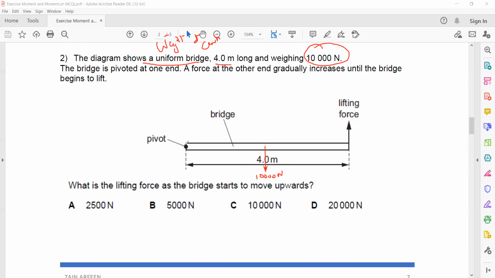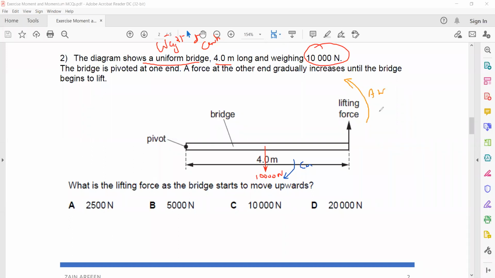So we have the pivot here on the left hand side. In which direction will this weight cause a rotation, clockwise or anti-clockwise? That will cause a clockwise moment. And in which direction will the lifting force cause a moment?